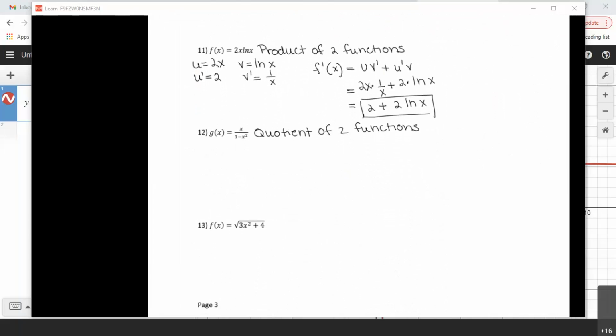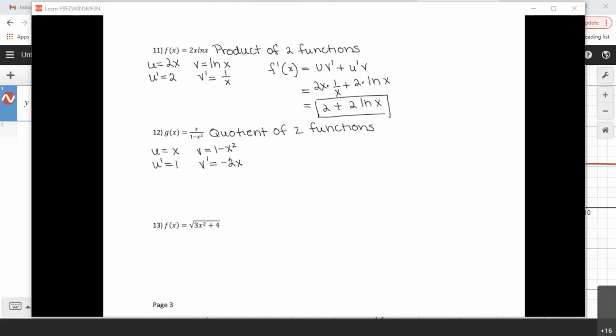I'm going to let u be x, v be 1 minus x squared. u prime's easy, it's 1. v prime, the only thing I'm going to get anything from is that negative x squared, so that becomes negative 2x. And g prime of x would be v times u prime minus u times v prime over v squared.